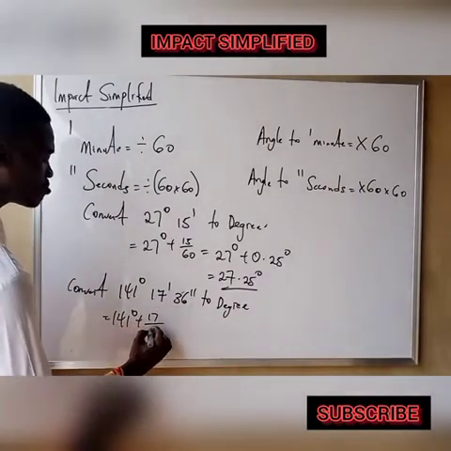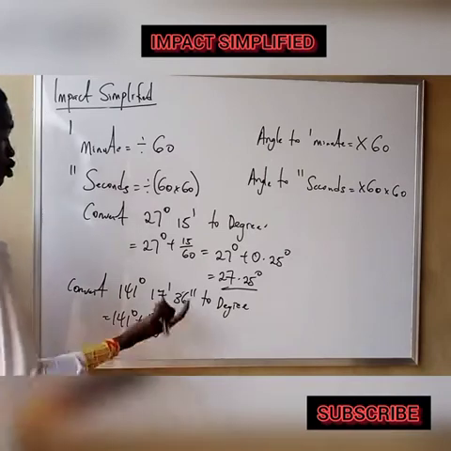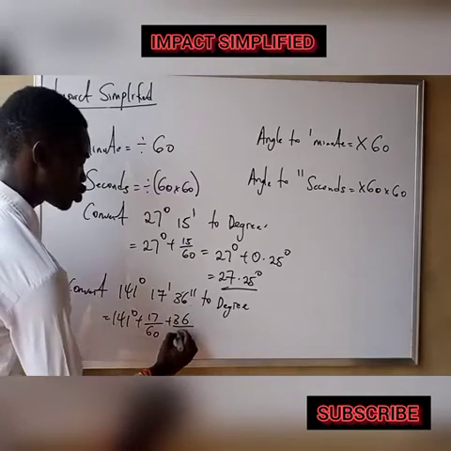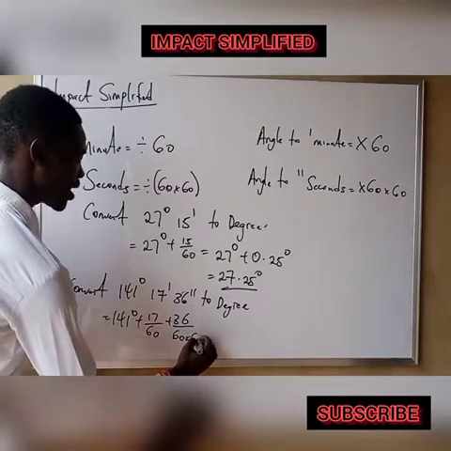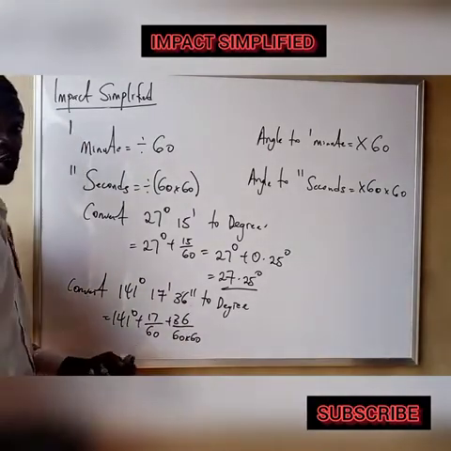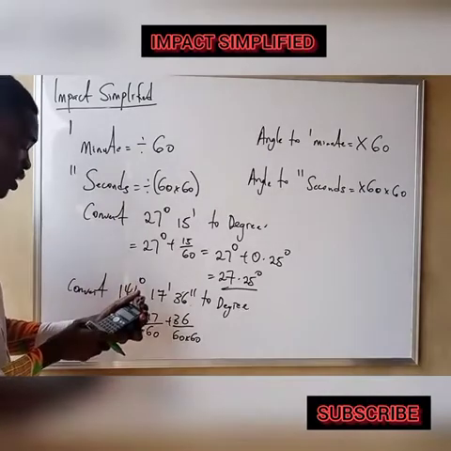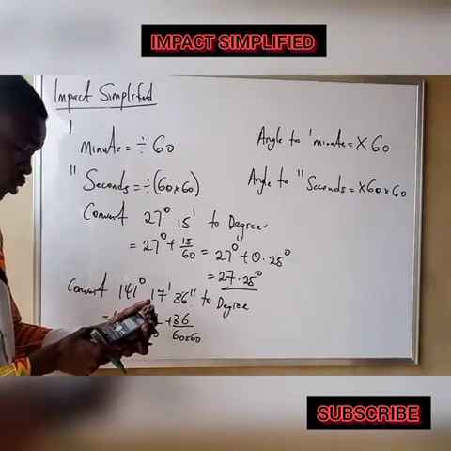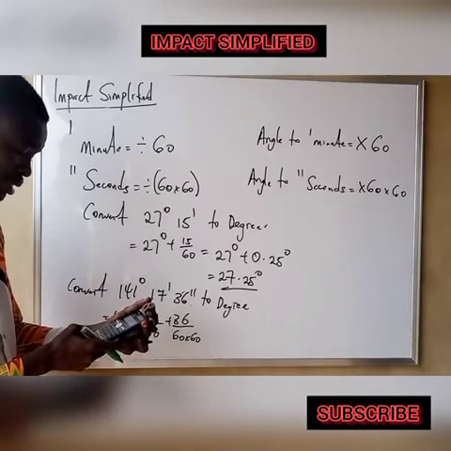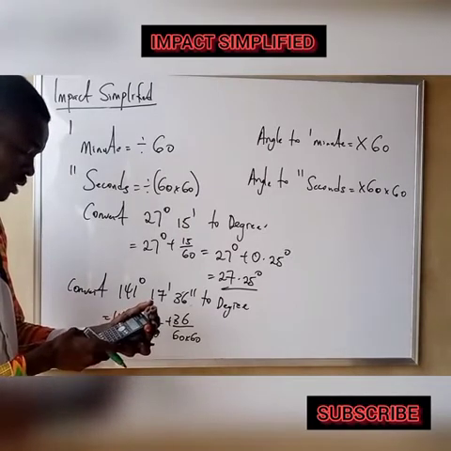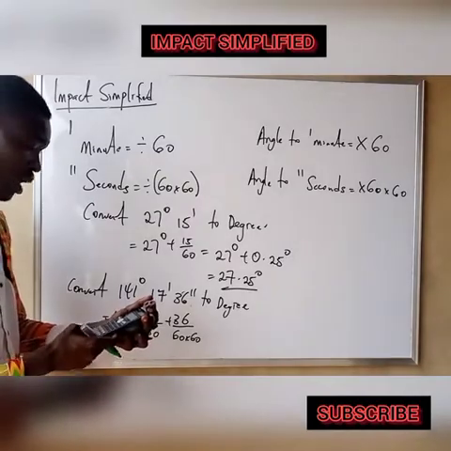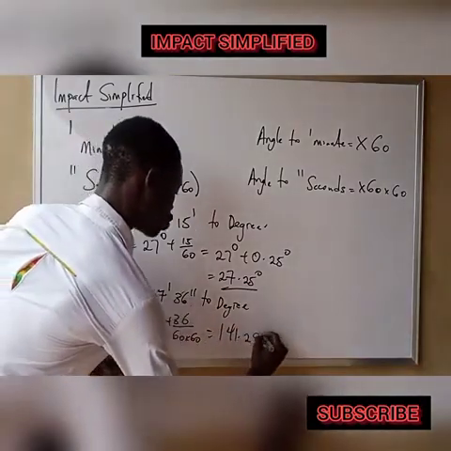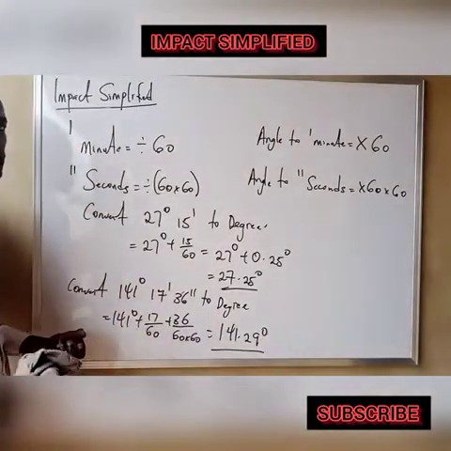The 17 minutes to degrees, you divide by 60, and the 36 seconds to degrees, you divide by 60 times 60. So we have 17 divided by 60 plus 36 divided by 60 times 60, and that gives us 141.29 degrees.